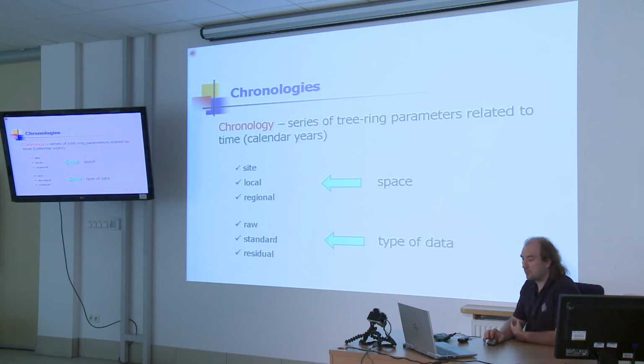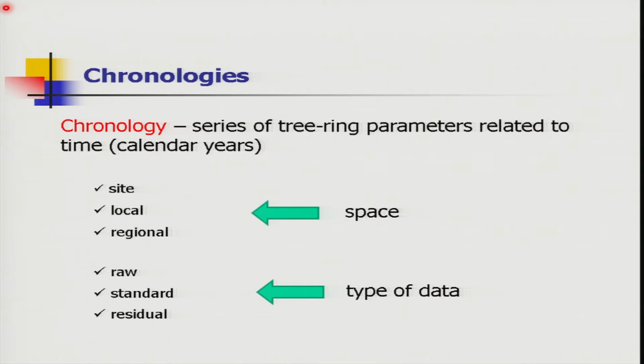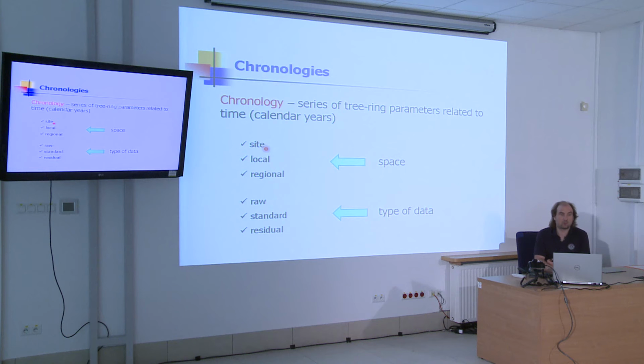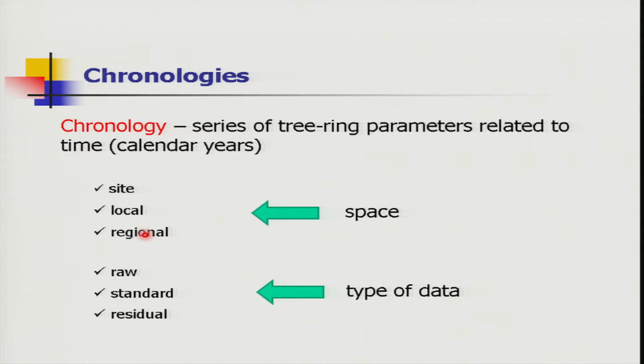We can distinguish different types of chronologies based on, for example, the space coverage. So we may distinguish site chronology, which refers to a very specific place, and local or regional chronology, which cover wider areas.